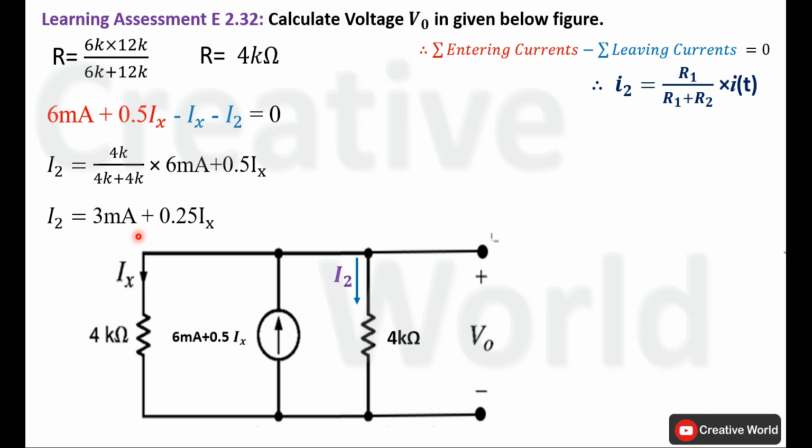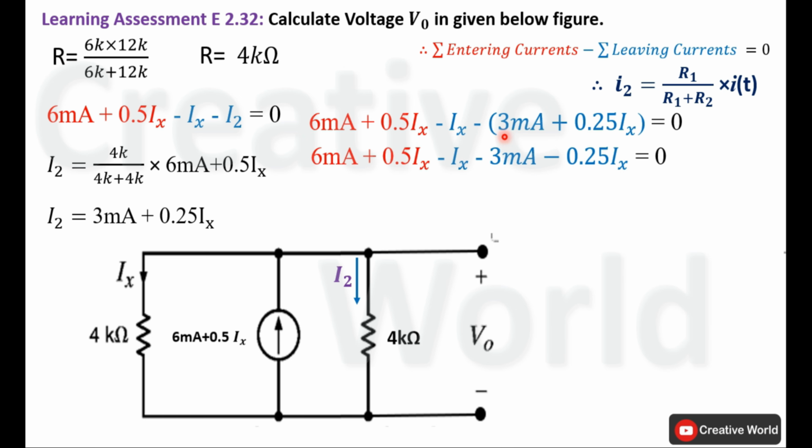Now place this value of I2 inside this equation. I2 is replaced by its value, 3 milliampere plus 0.25 Ix. Open the brackets. This minus will multiply with 3 milliampere and it will become minus 3 milliampere. Similarly, this minus will multiply with plus 0.25 Ix, and it will become minus 0.25 Ix.